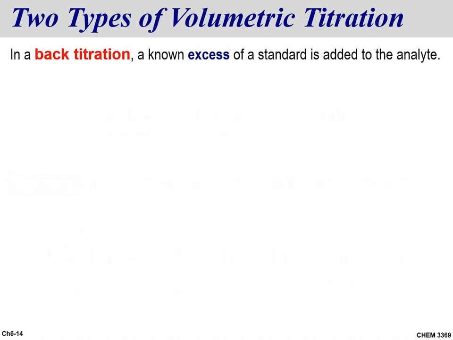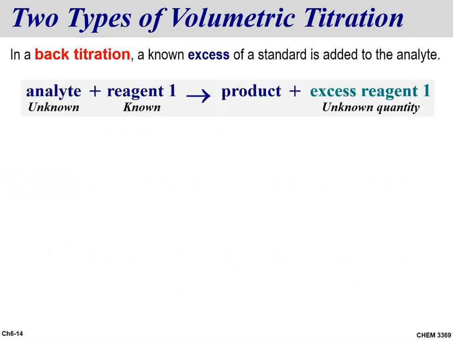Now, sometimes, however, it is necessary to add an excess of the standard titrant, and then we determine the excess amount by back titration with a second standard titrant. Okay, so we use 2 standard reagents in a back titration.